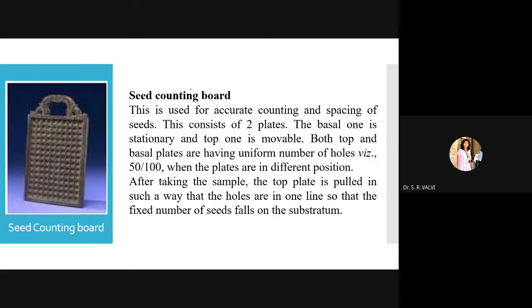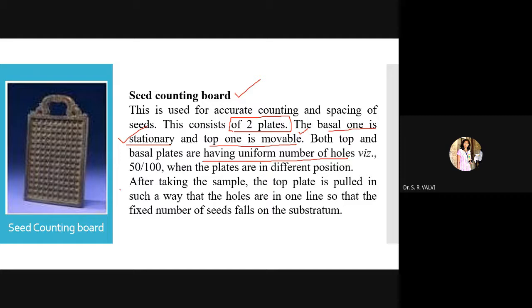Now next is the seed counting board. It consists of two plates, two boards. The basal one is stationary, and the top one is movable. Both the top and basal plates have a uniform number of holes.